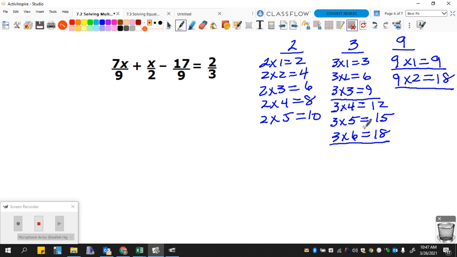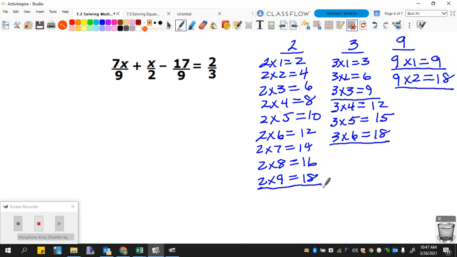So let's go back over here to the 2's again. 2 times 6 is 12. 2 times 7 is 14. 2 times 8 is 16. 2 times 9 is 18. So we notice here that the least common multiple of all 3 of these is 18. All right? So that means we're going to multiply everything by 18.